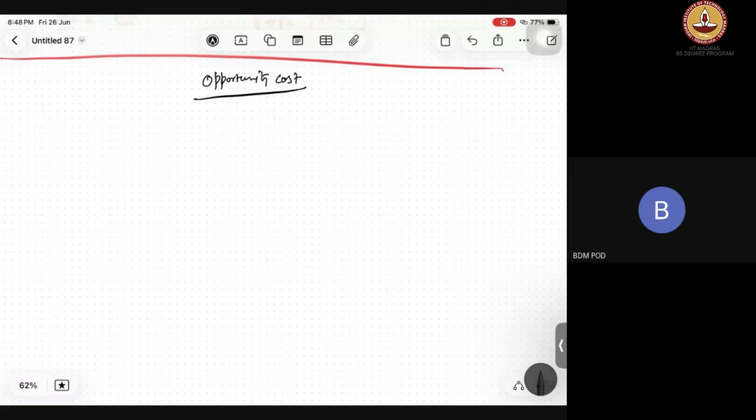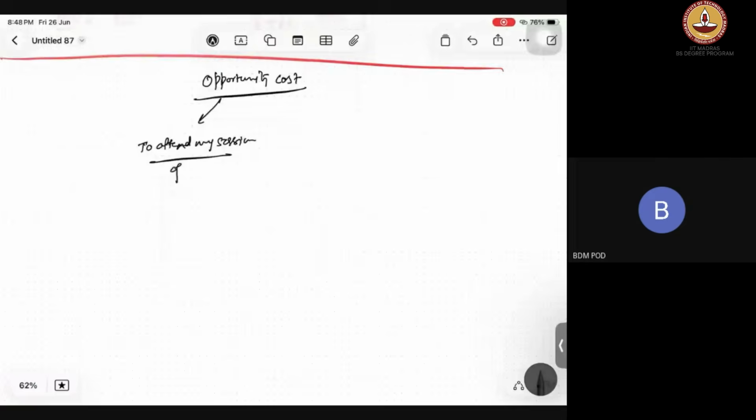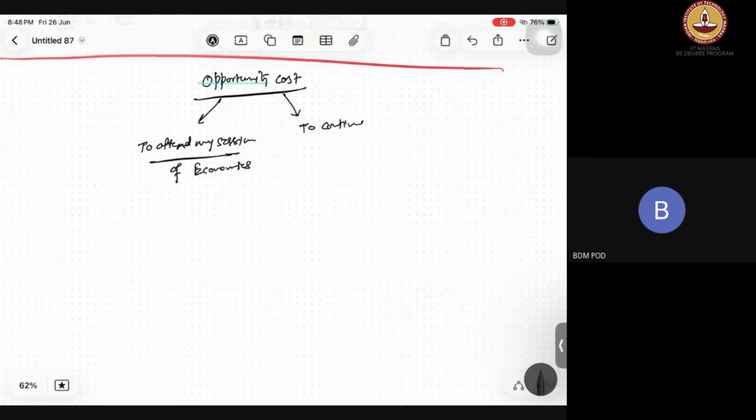You have two opportunities here. What are the two opportunities you have? To attend my session of economics, or to continue with the job assignments.